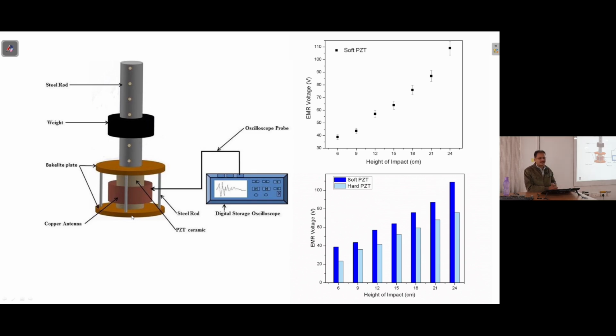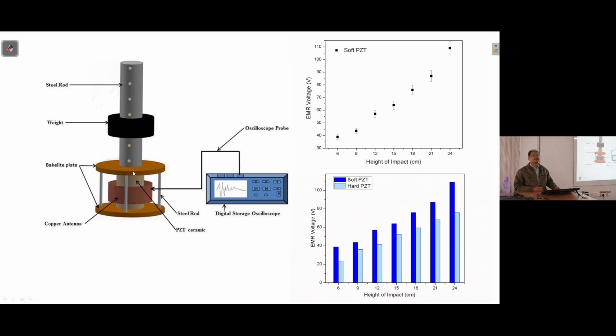Bakelite plates, so that we have insulation, because, as you might know, when you have a material like this, which is ferroelectric or piezoelectric, and you apply some load, then some charge will get accumulated on the primary surfaces, top and bottom.